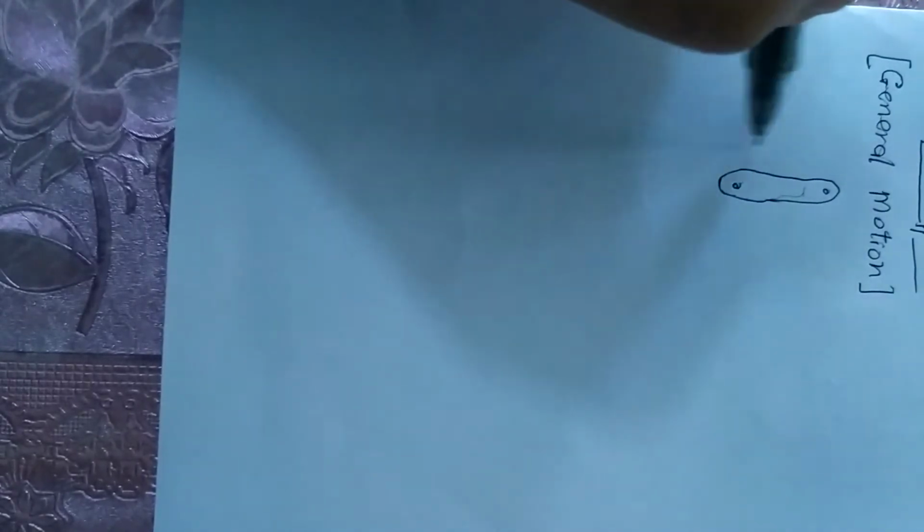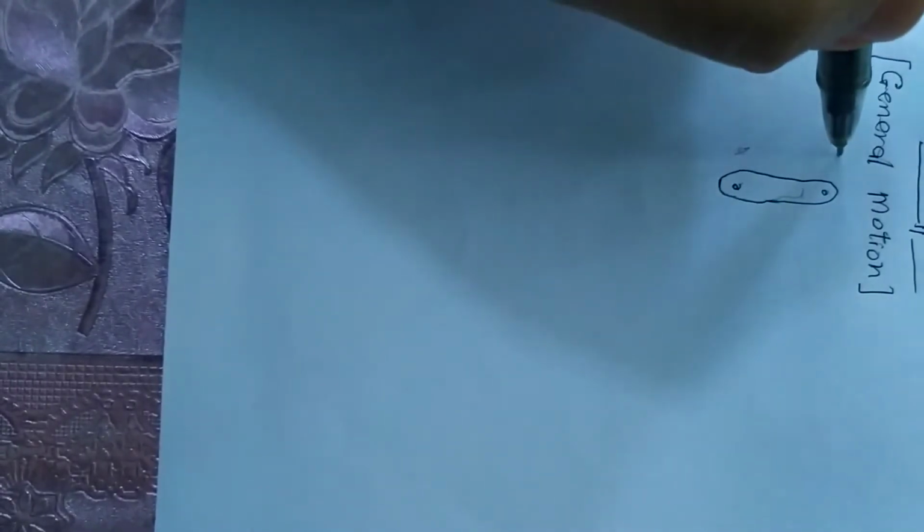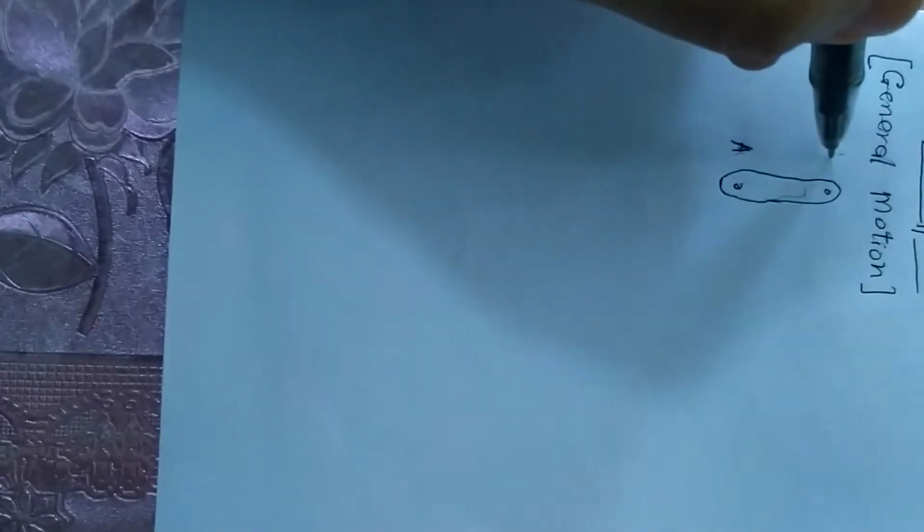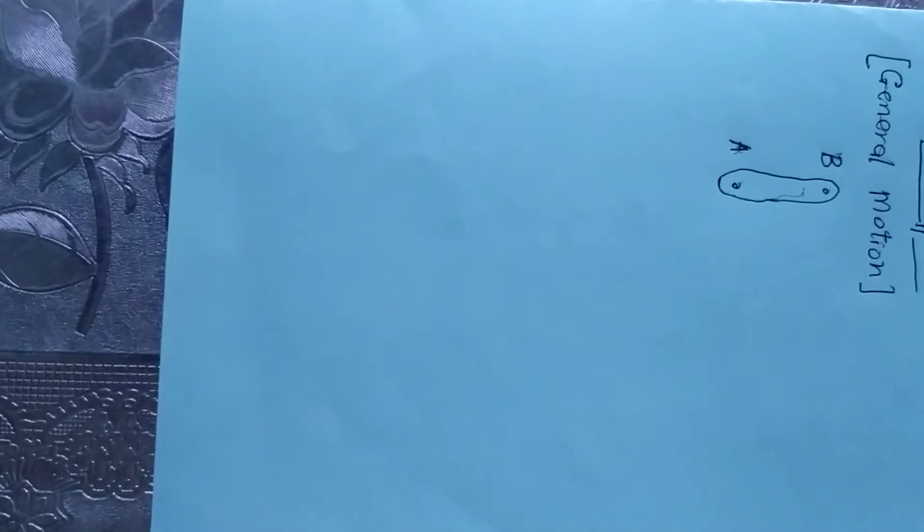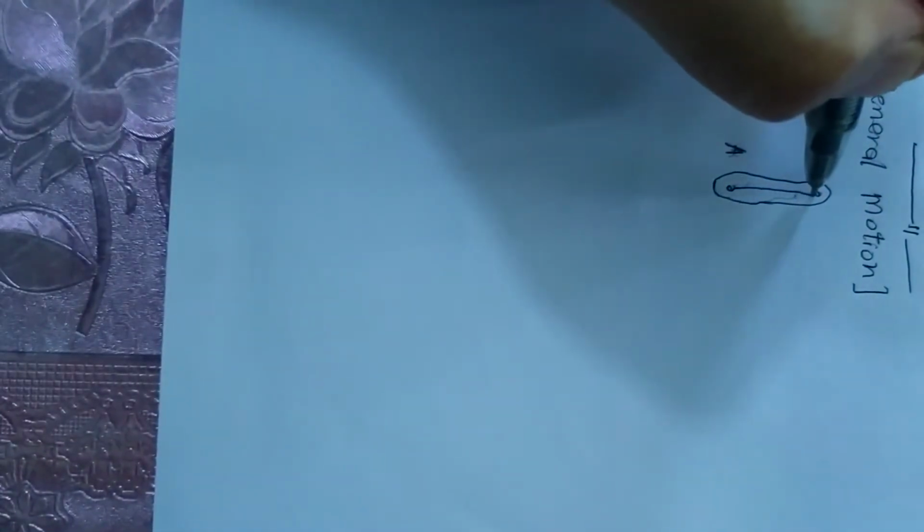Let's say this is point A, and this is point B. From this we can easily draw the position vector, which is the position vector of B relative to A.